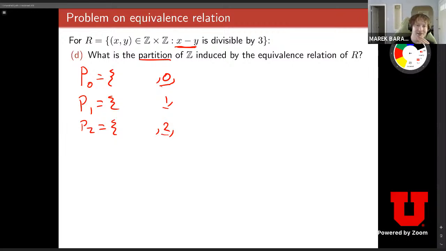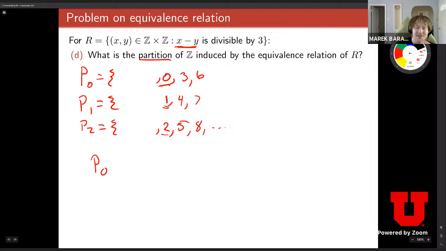Okay, so if we look here, I was doing this suggestively, but like 0, 3, 6, 1 and 4 and 7, 2 and 5 and 8, so on. So P of 0 is equal to the set of x in the integers such that 3 divides x.